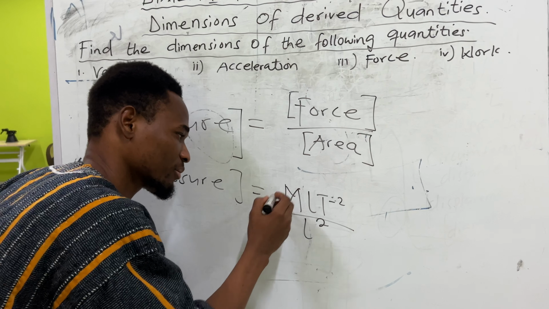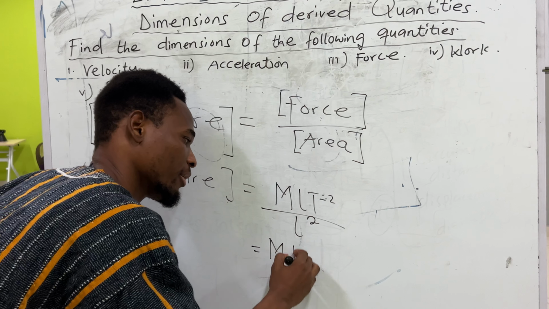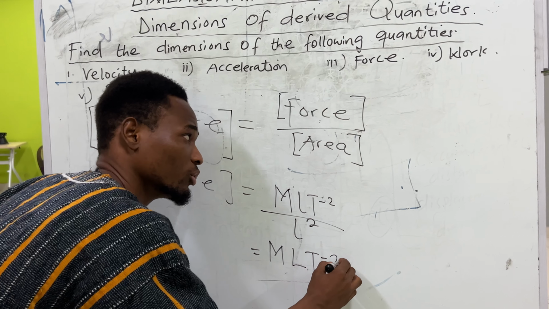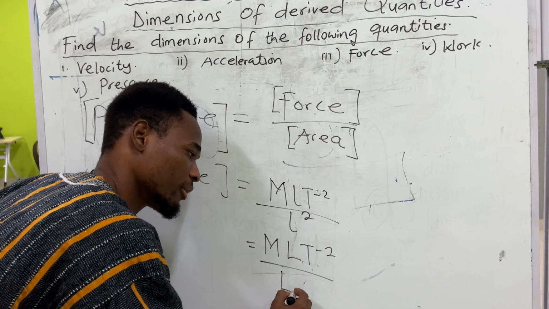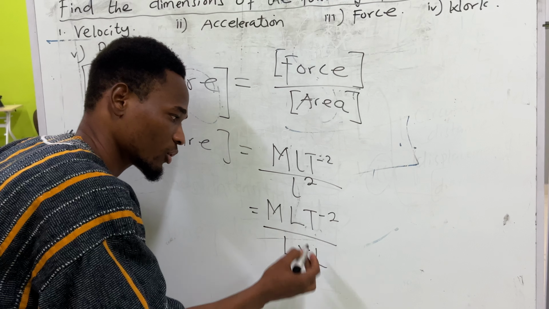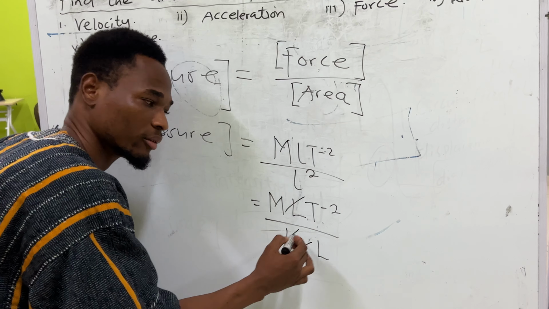This is the same as M L T to the power negative 2, over L squared. You know that L squared is the same as L times L. So this L can cancel this L. So what do I have?